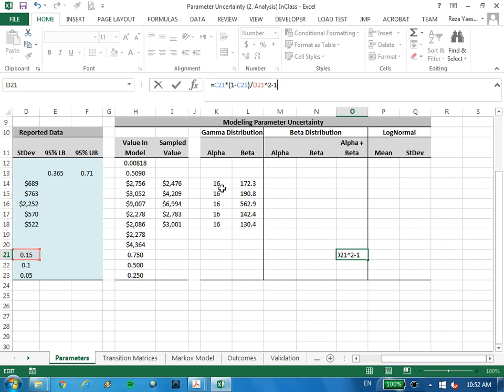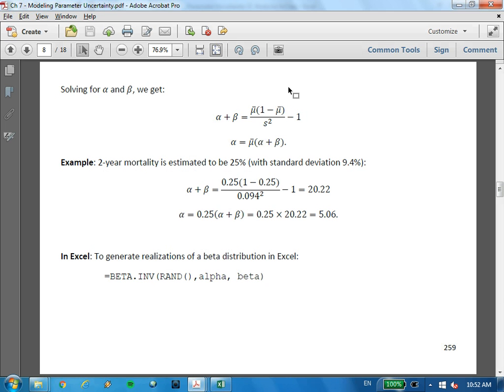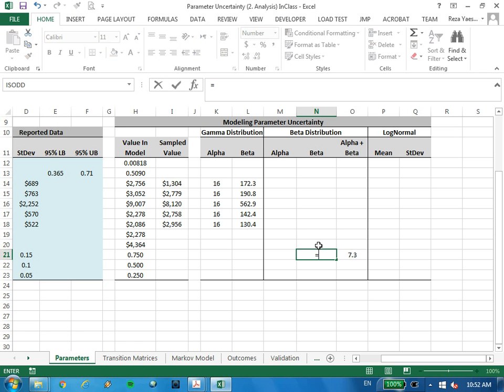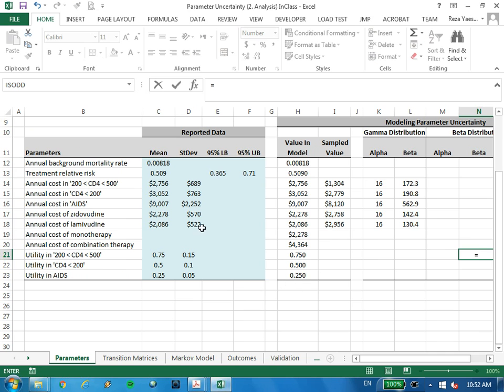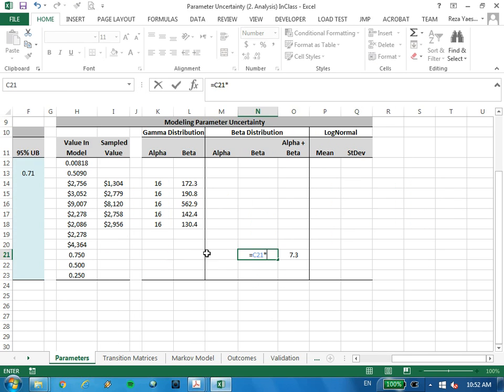Okay, we first calculate the alpha plus beta. This is the formula. And according to this formula, alpha is the sample mean times alpha plus beta.